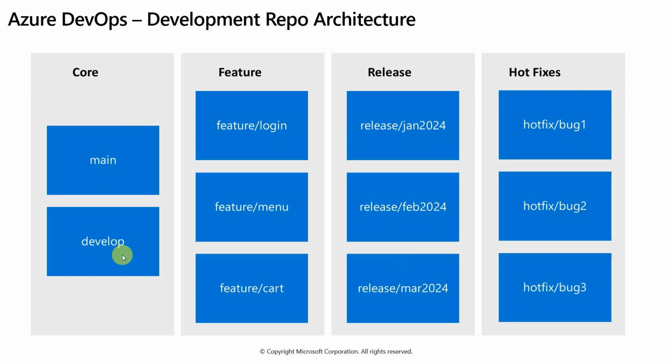They put some validations in such a way that nobody can make changes to these branches directly. Those are called branch policies.